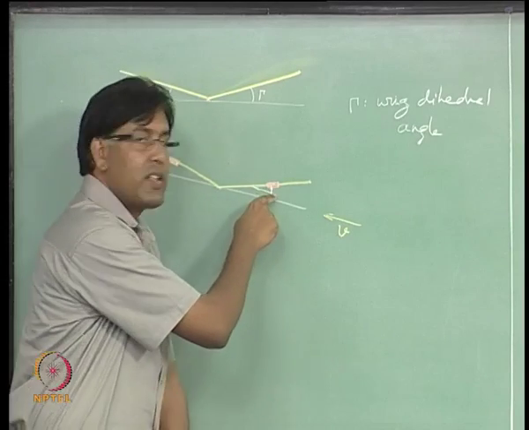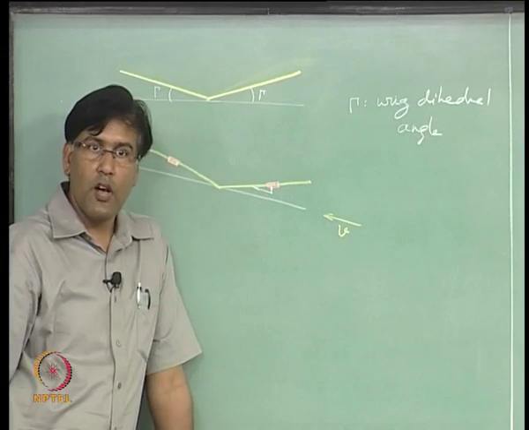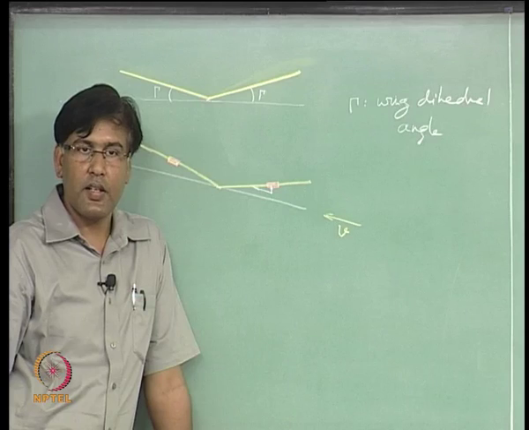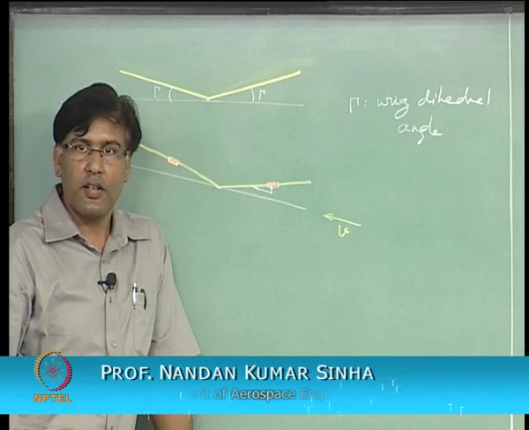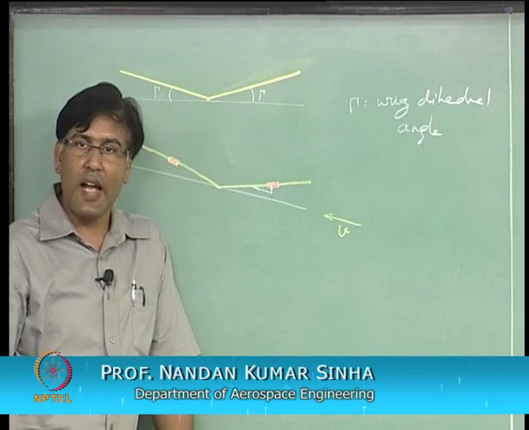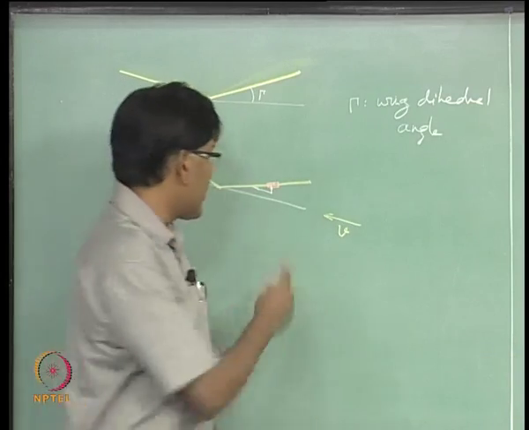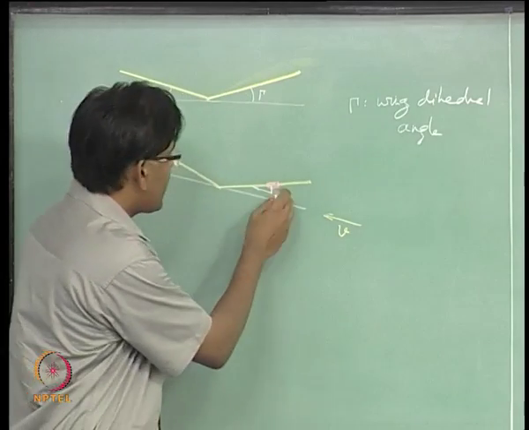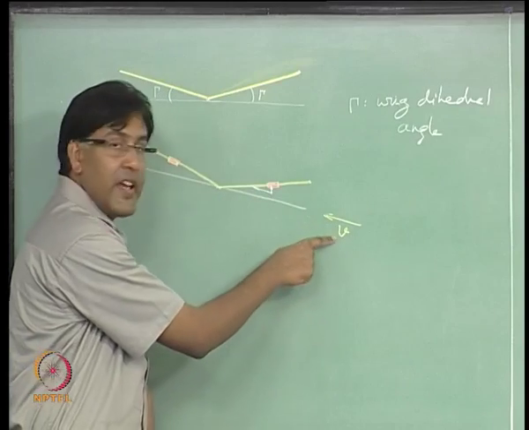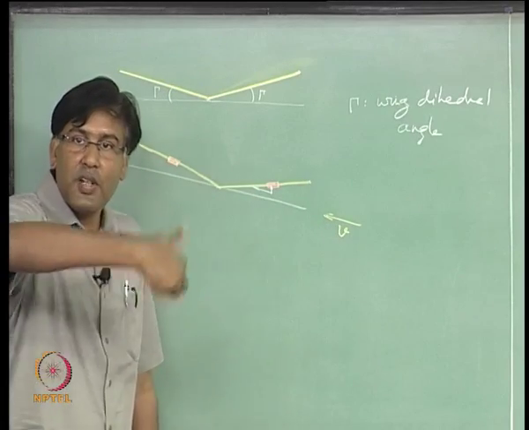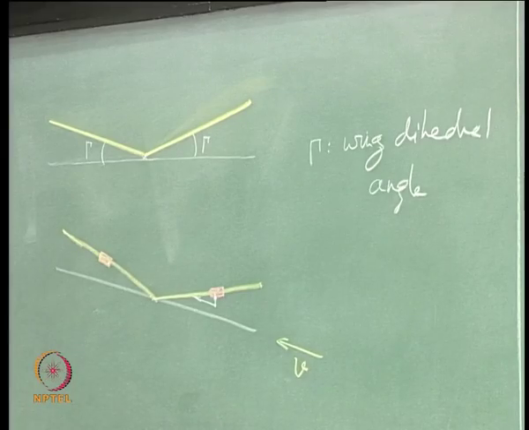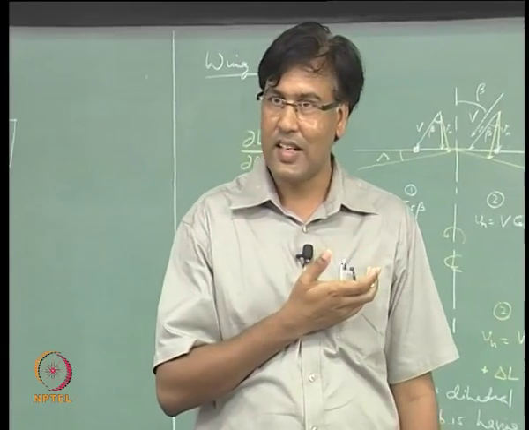I want to find out the normal component of velocity. What is that going to give me? If you look at this airfoil section, this component of V is acting downward, and that is going to give me a change in angle of attack at this section.